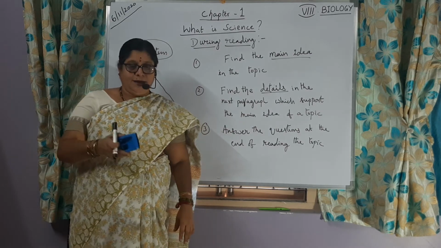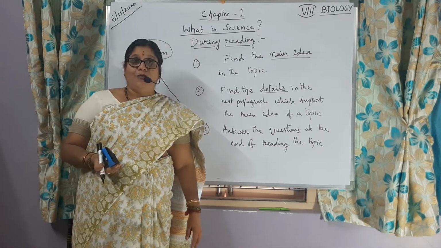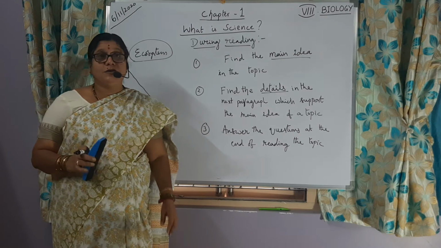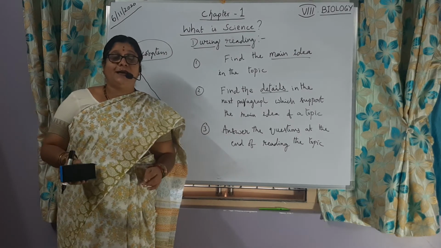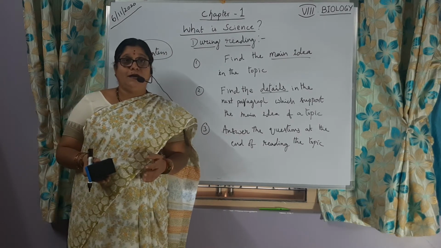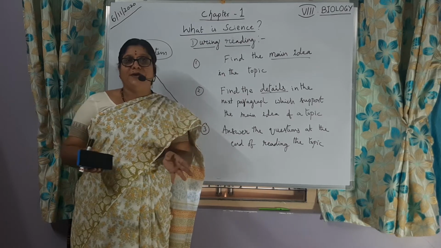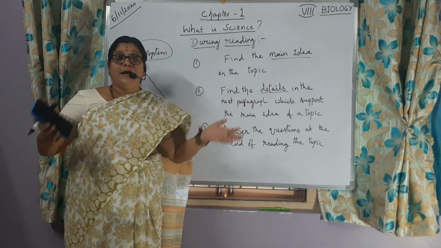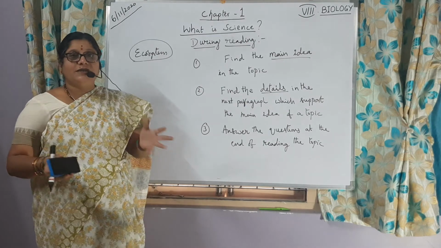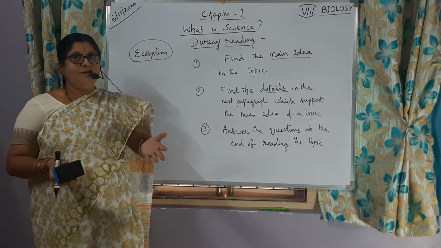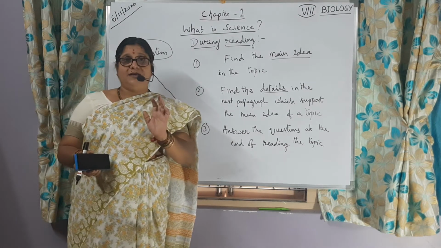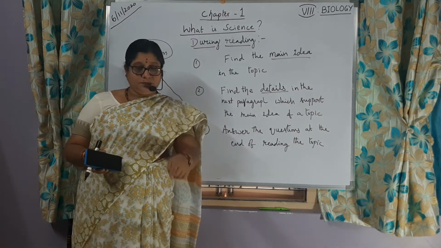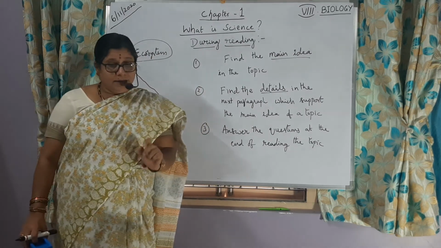In the desert ecosystem, what abiotic components do we observe? Sandy soil, high temperature, less rainfall and very few biotic components. The trees and land we see in our surroundings, we are not going to observe like that. Is it clear to children? So that is the information we get about the desert ecosystem.